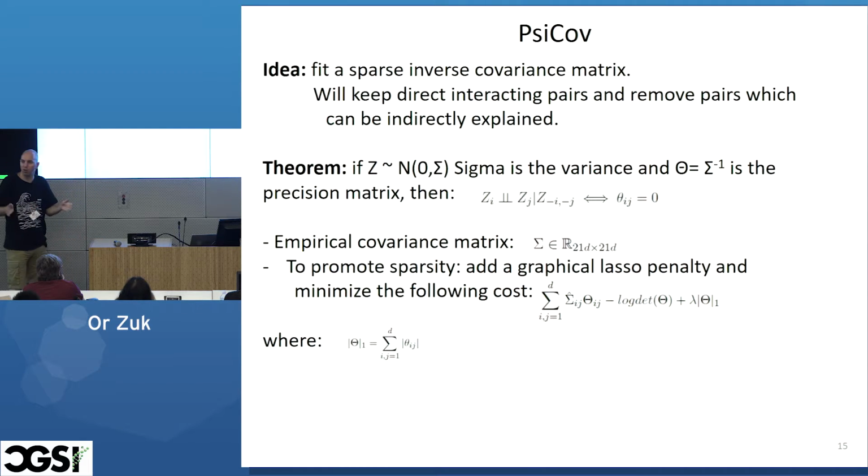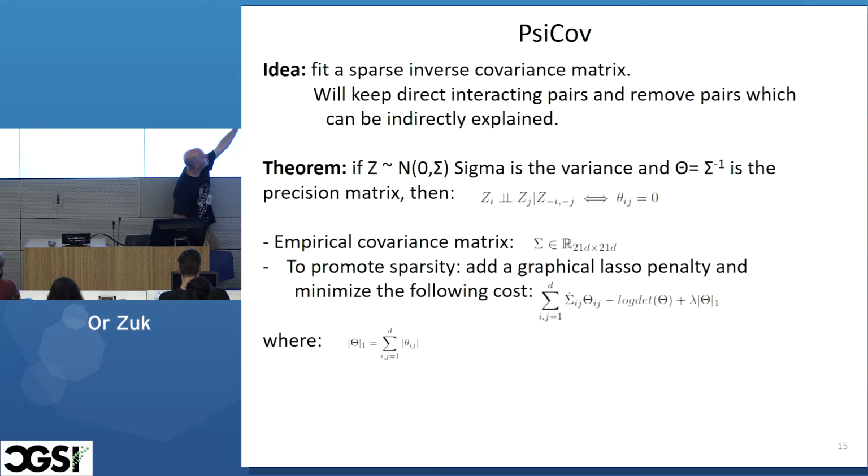All right, so I guess many of you know about lasso for regression. In lasso, we are trying to fit some coefficients, beta, and we add an L1 penalty, so this lambda times the L1 norm of theta. And what this penalty is doing is sparsifying our solution. It's causing many of the coefficients to be 0, right? So graphical lasso is a utilization of the same idea for fitting sparse inverse covariance matrices.